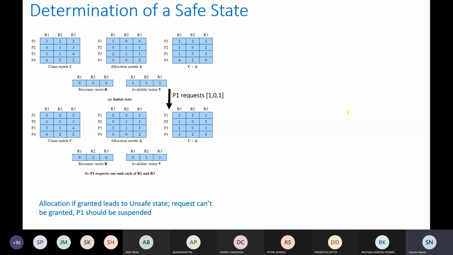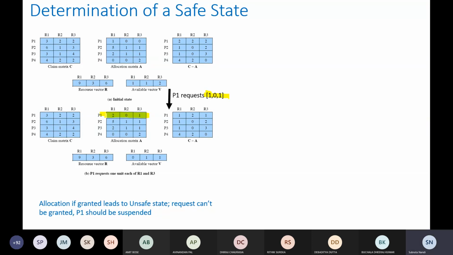But if, instead of P2, P1 makes a request from that initial state, that I want 101, what is going to happen? And if I force this allocation to P1, P1's figures will change. So this will be added to this one, and this will be the new changed value, right? 201.